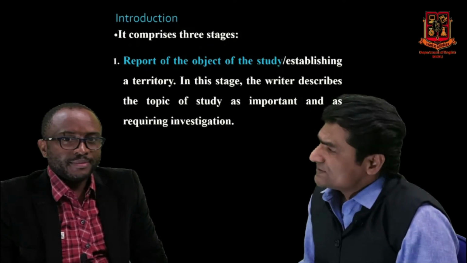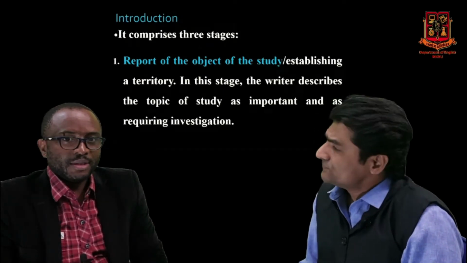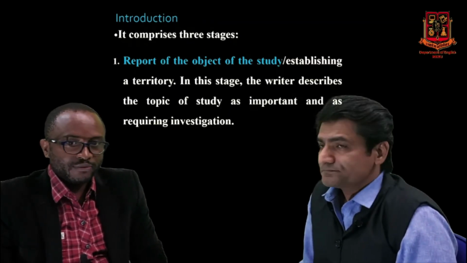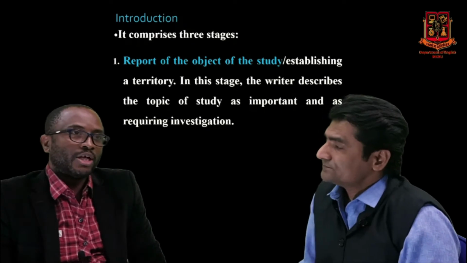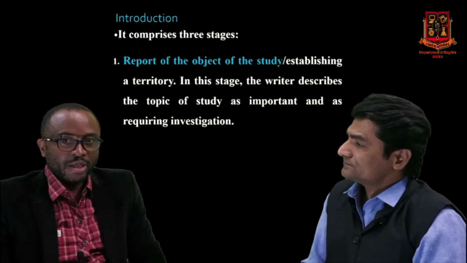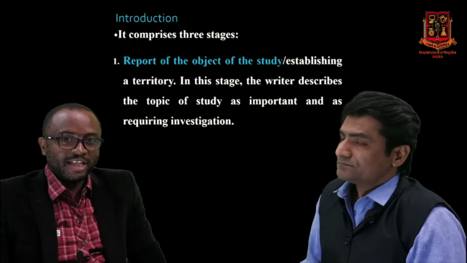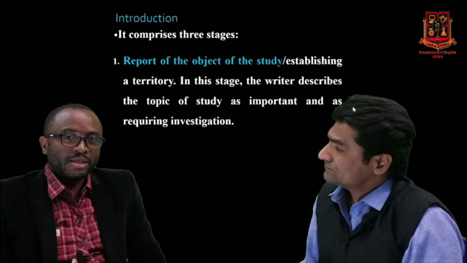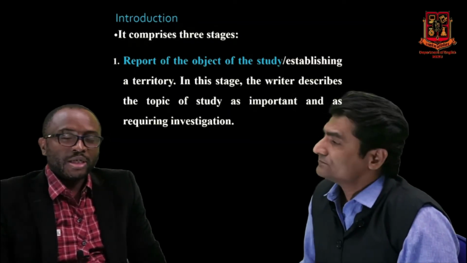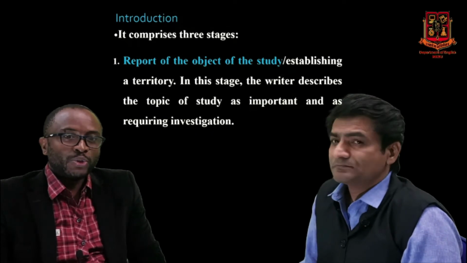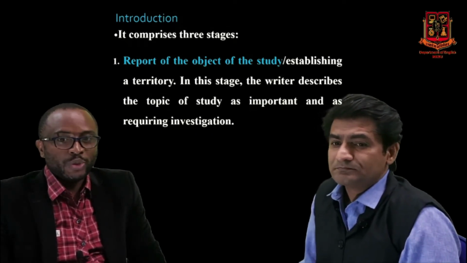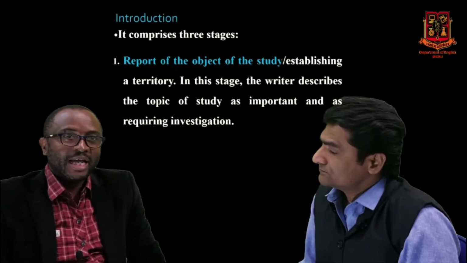Can you tell us something about these components of research paper writing? There are a few components. I thought about the component of an introduction. An introduction has three components. The first is the report of the object of study. In this component, the writer has to state the importance of the study they are doing and why they have selected the topic.